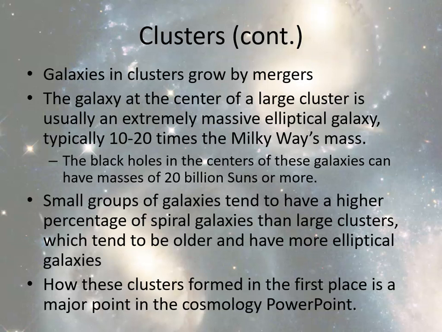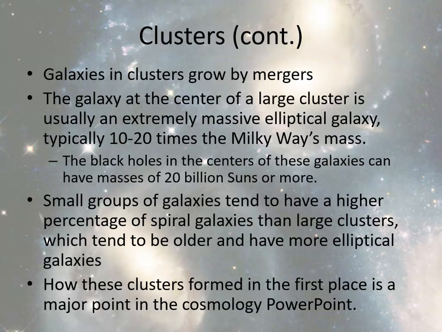M33 itself is much, much bigger than any of the other satellite galaxies that make up the galaxies in the local group. Galaxies and clusters, they grow by mergers. So the galaxy at the center of a large cluster is usually extremely massive. It's an elliptical galaxy. It'll typically have 10 to 20 times the mass of the Milky Way galaxy. And sometimes the black holes that are in the centers of those galaxies can have masses of 20 billion times the mass of our sun.